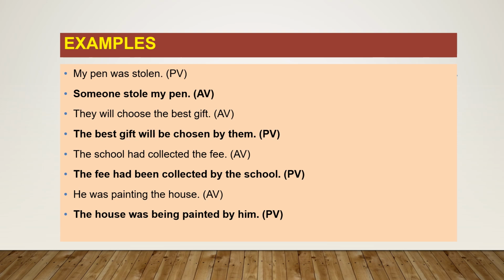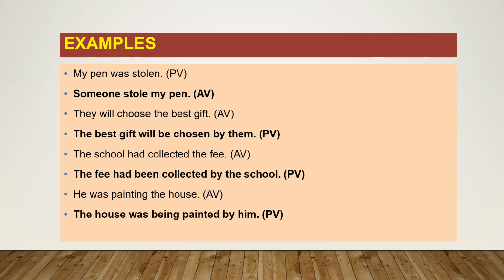Now look at the first sentence in this slide. It is a passive voice sentence. My pen was stolen. My pen is the subject. Was stolen is the simple past passive form of the verb steal. There is no object here. The reason is because the object is not a clear object. Either the noun or pronoun which is to be used here is not specific.